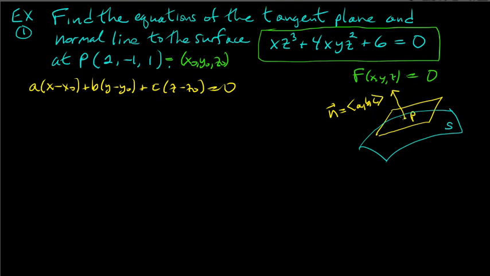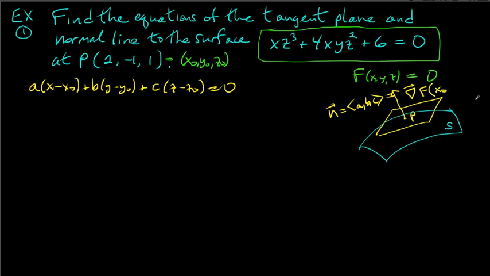So how do we find that? Well, we have the surface, capital F, and our normal vector will just be the gradient of F. The gradient will point normal to the surface, and therefore it will point normal to the tangent plane of the surface.